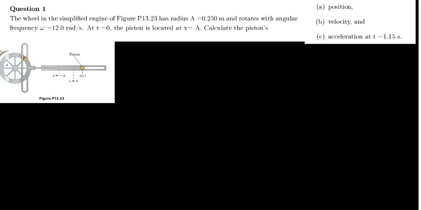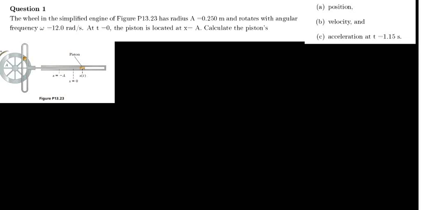Question 1 is saying the wheel in the simplified engine of figure P13.23 has a radius which is A equal to 0.25 meters and rotates with angular frequency of 12.0 rad per second.